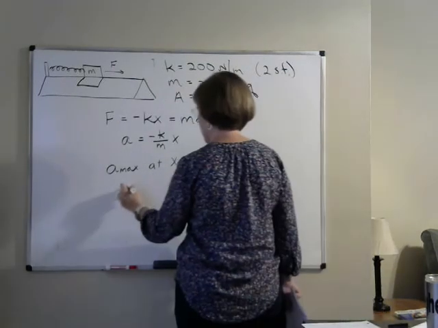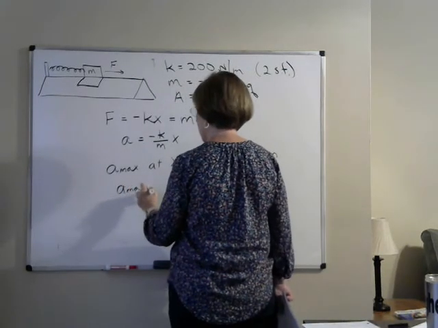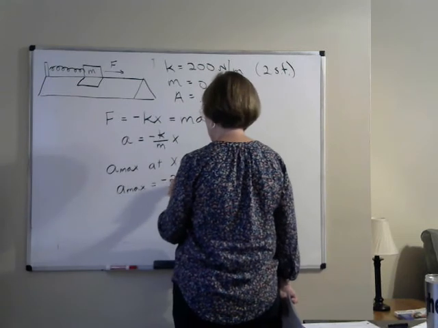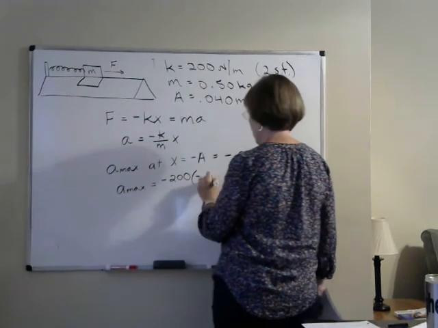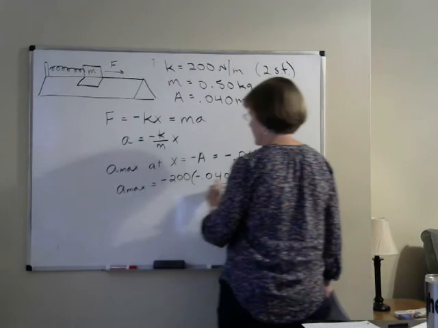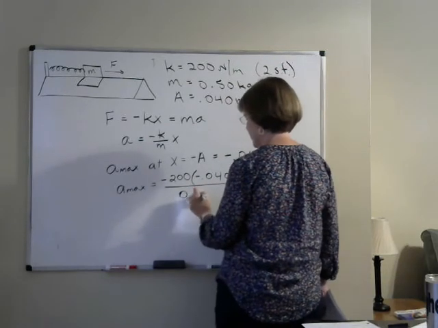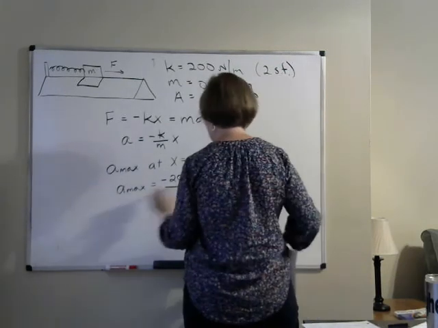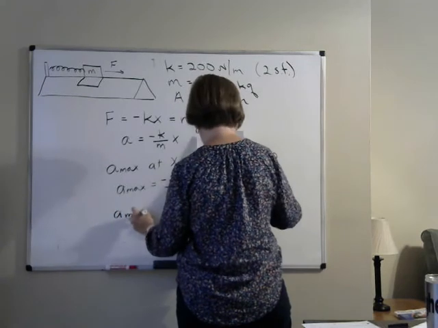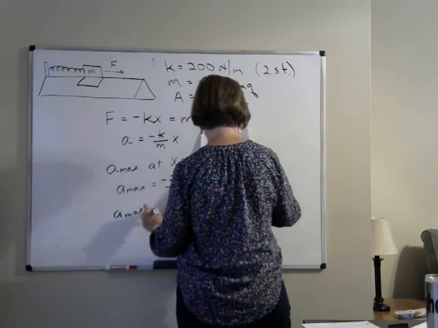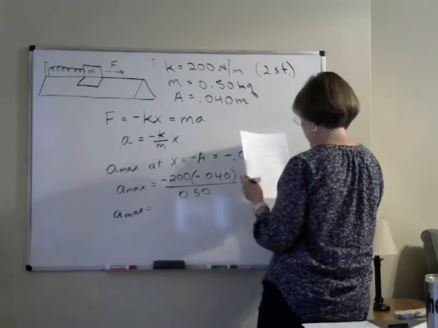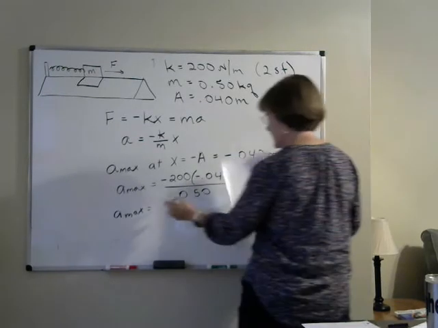So a max is negative 200 times negative 0.04 divided by the mass. And it comes out to be 16 meters per second squared.